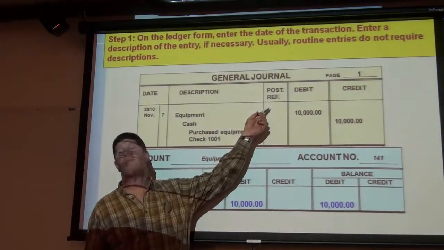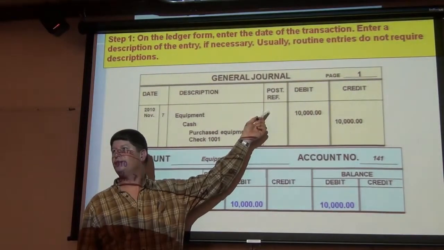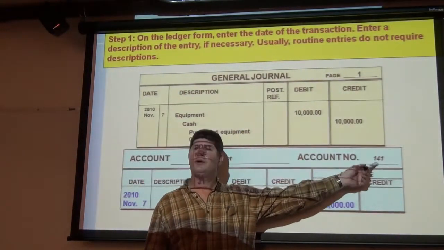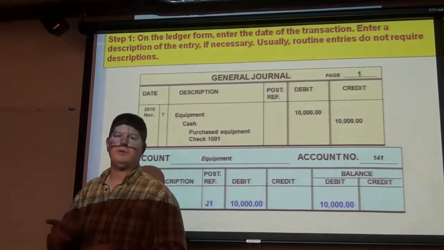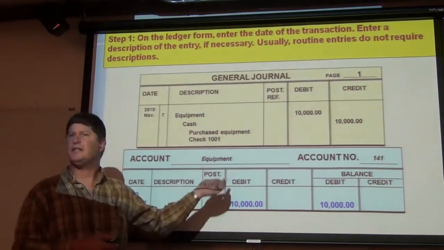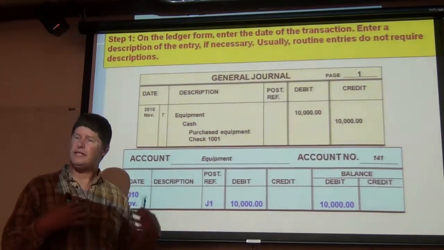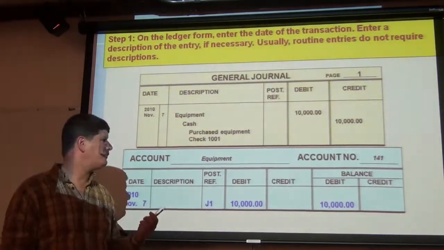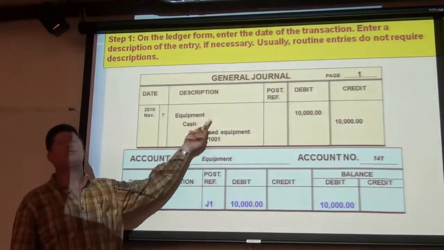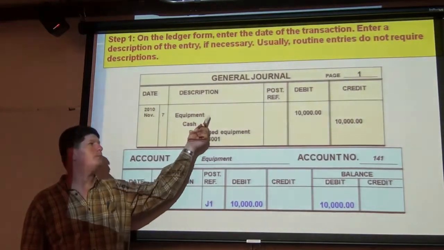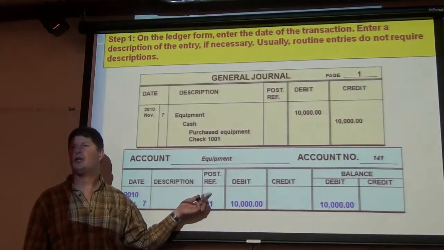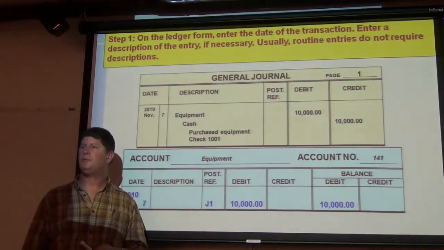The posting reference up here, what do you think goes in this one? The account number. Now, the timing is very important. You guys can see that this is very manual oriented, takes a lot of time, there's a lot of labor involved. So typically, one person will do the general journal, and then the duties of posting to the general ledger will get split up amongst multiple people.